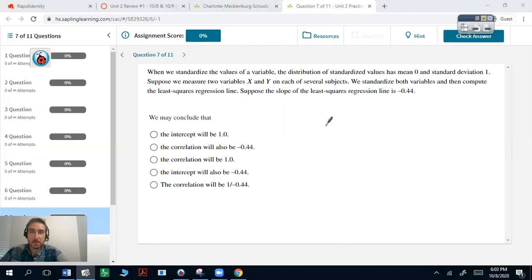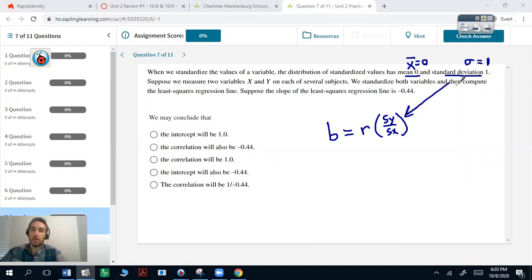All right, this goes back to this. Slope is the correlation times standard deviation of the y's over the standard deviation of the x's. Now, if we standardize it, standardized values have a mean of 0 and a standard deviation of 1. So if both my x's and y's are standardized, then that standard deviation of 1 is going to be that for the y's and the x's.